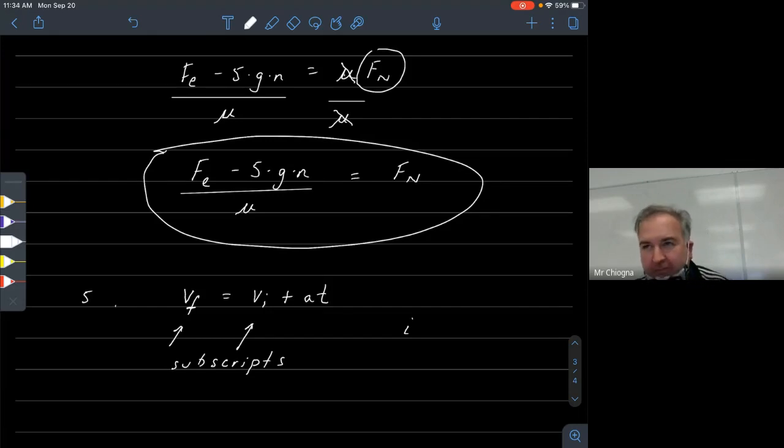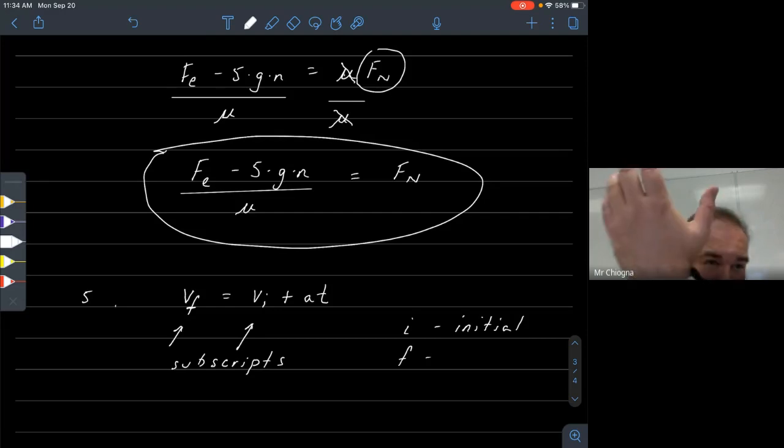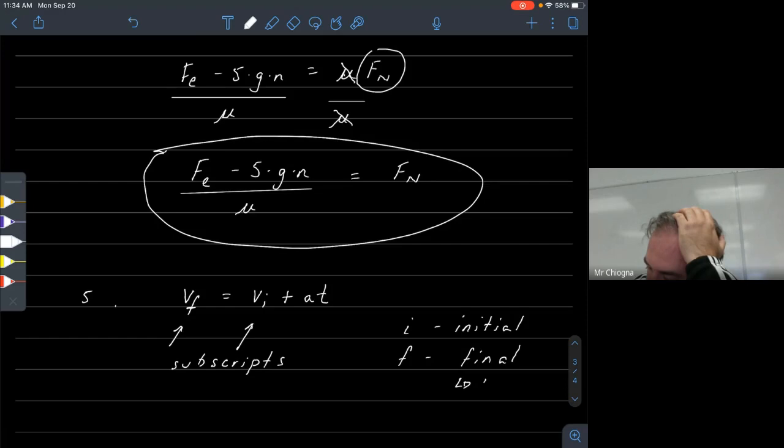V stands for speed with the direction. The actual term is velocity, but think of it as speed. I stands for initial, or starting up, the speed that you start at. F represents the speed that you end up at, your final speed, later in time. We'll use that throughout the course. You'll see that a lot.